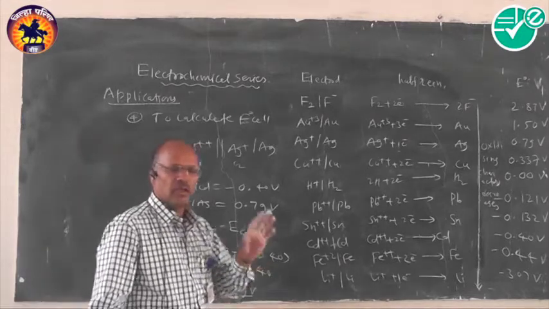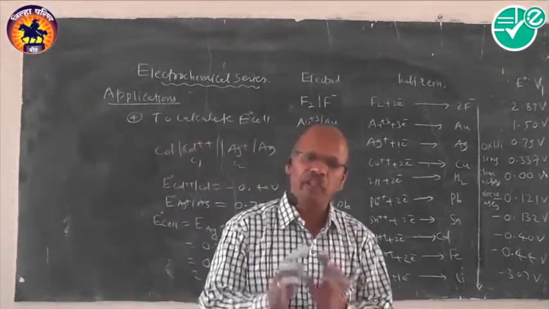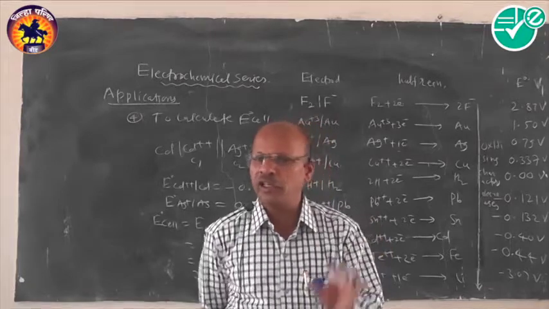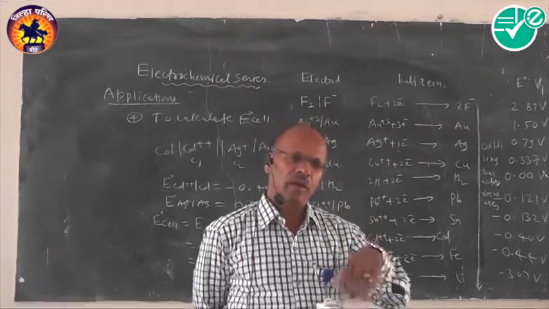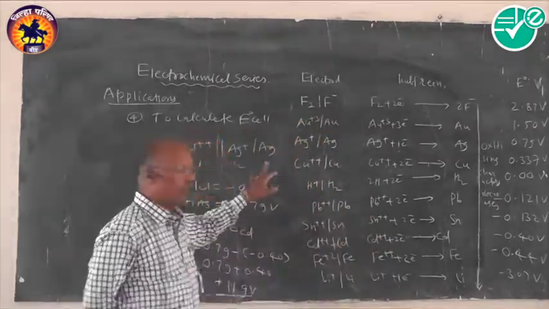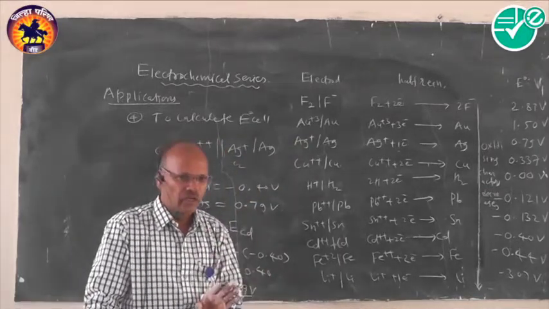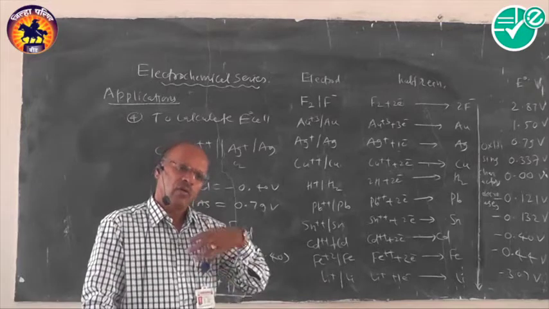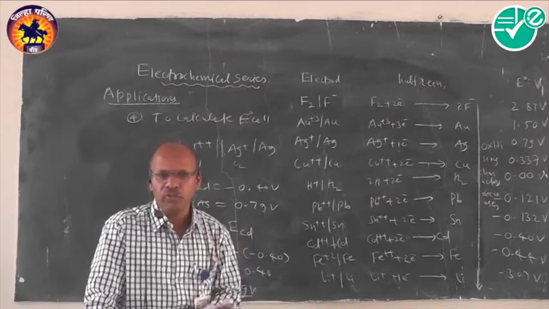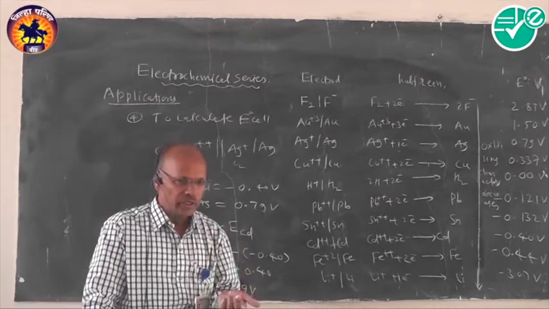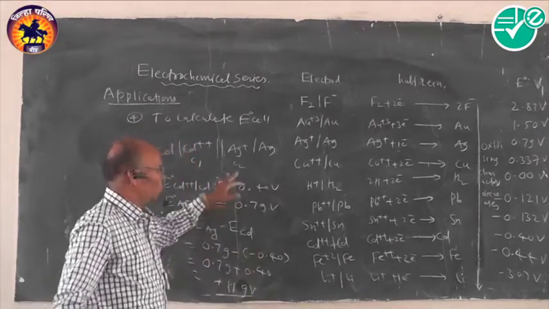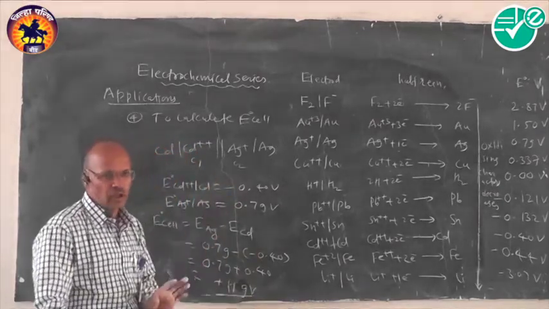Remember that as the electrochemical series is concerned, there are mainly 4 applications. The first one is to decide the relative strength of the oxidizing agents. Second one is to decide the relative strength of the reducing agents. Third one is to decide spontaneity for the given reaction.